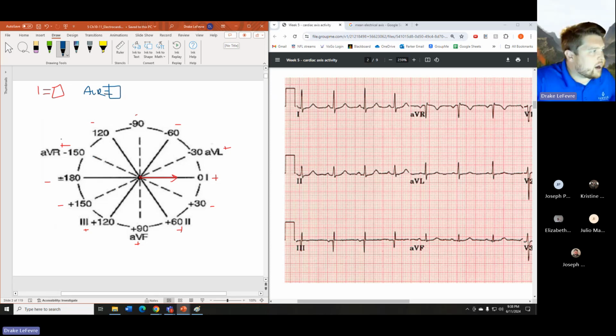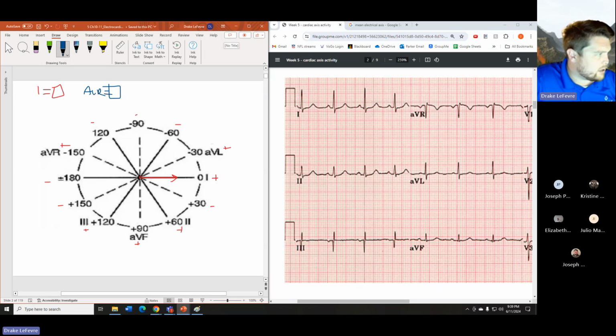Towards negative 150 would be positive. Towards positive 30 is the negative side. So it is negative, but not quite as negative. See how lead one goes up almost 2 full big blocks, and this one goes down maybe 1.5, so slightly less than lead one.